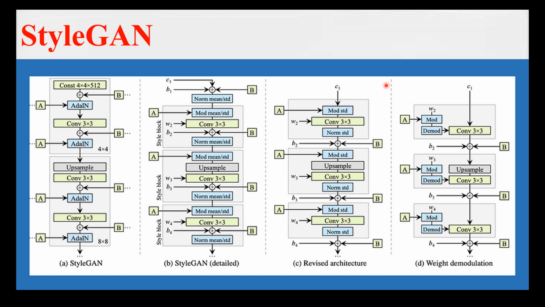So in the styleGAN, the generator network is divided into two parts, a synthesis network and a style representation network. Here, the synthesis network generates the actual images, while the style representation network transforms the random noise input into a style representation that the synthesis network uses to create the images.